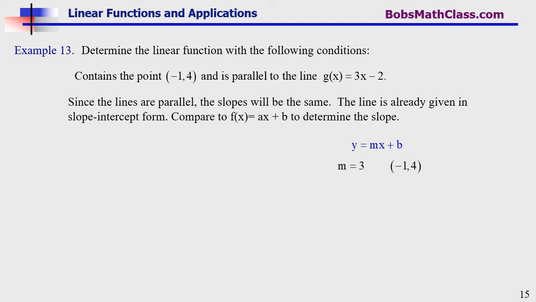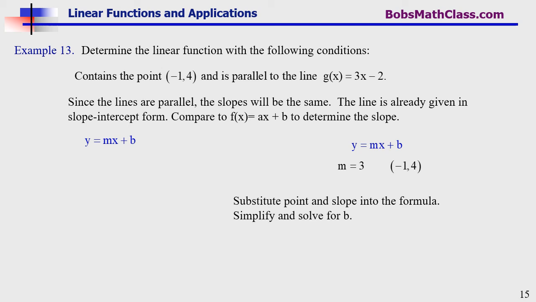So now we just use our y equals mx plus b. All right, so 4 is y, 3 is m, and x is -1. 3 times -1 is -3.